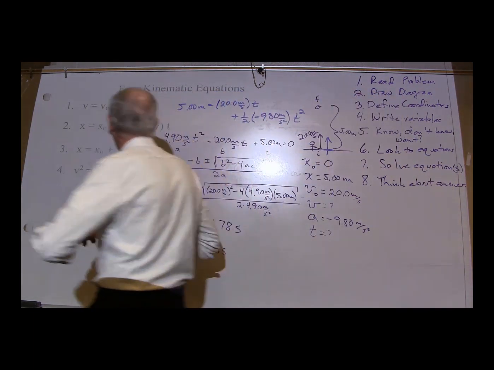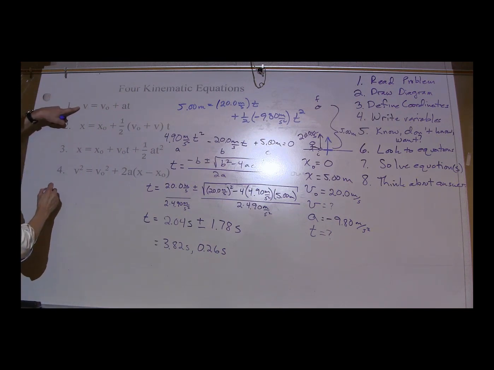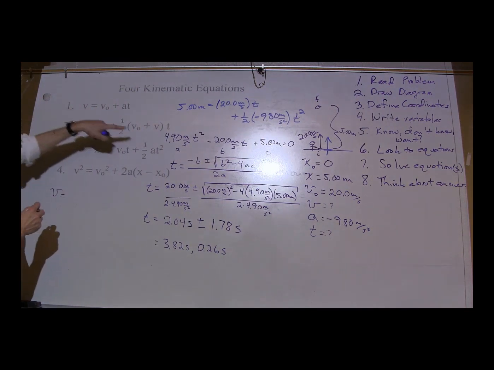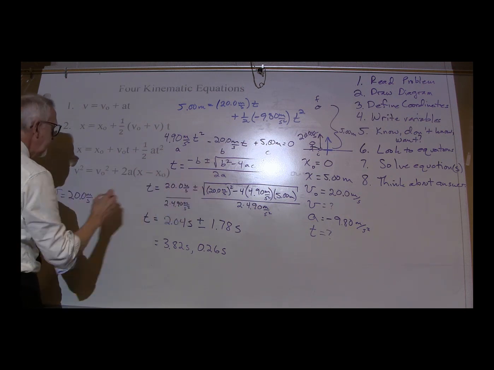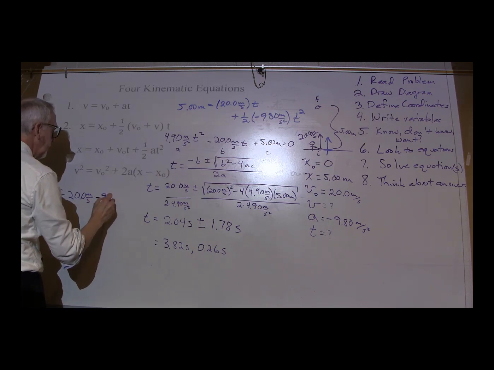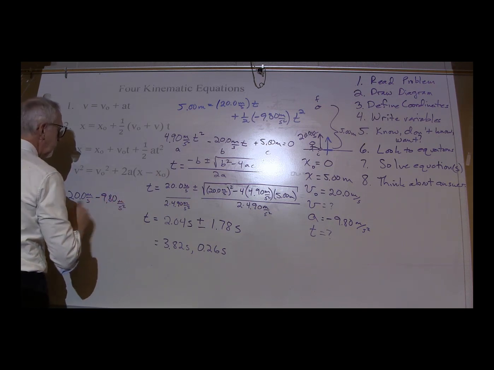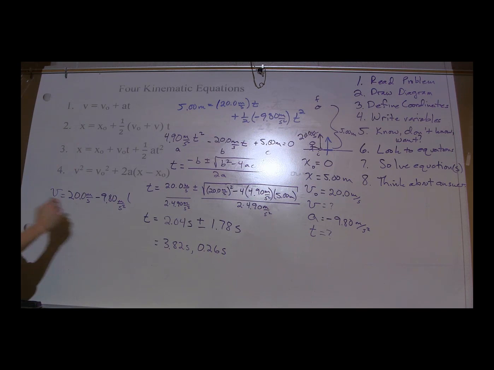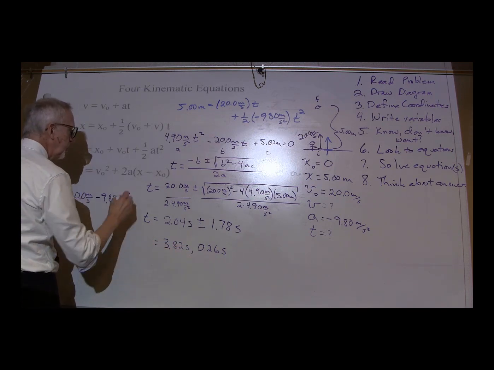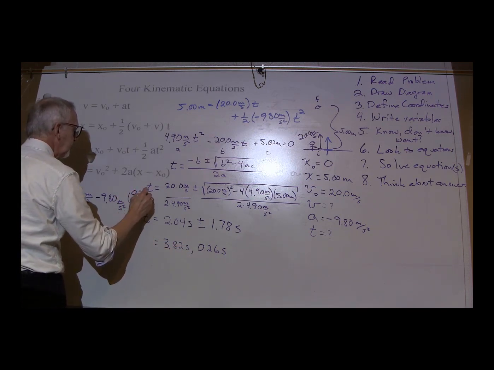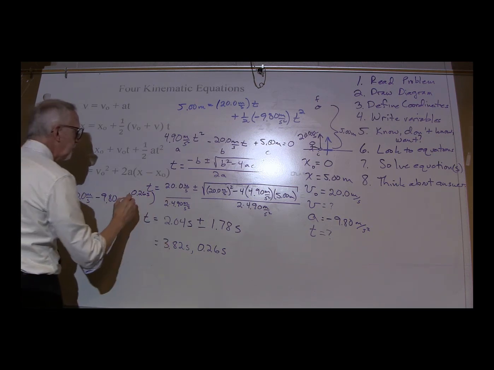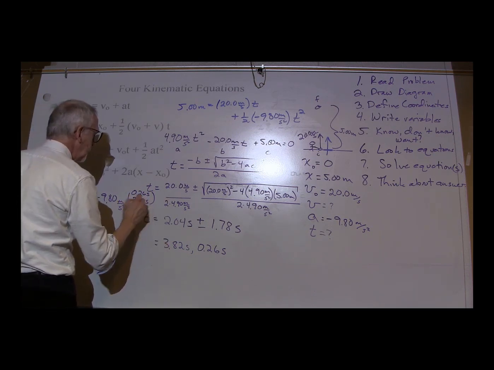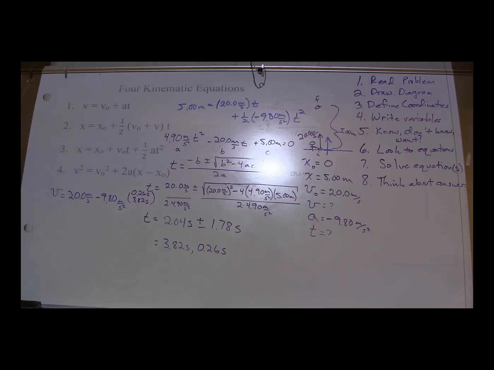What do we get? We get v is equal to v naught, which is 20 meters per second, plus a is negative, so I'm going to write minus 9.80 meters per second squared, times t, and then we can put in both of these values. We can put in 0.26 seconds and get a value for v, and then we can put in 3.82 seconds and get a value for v.